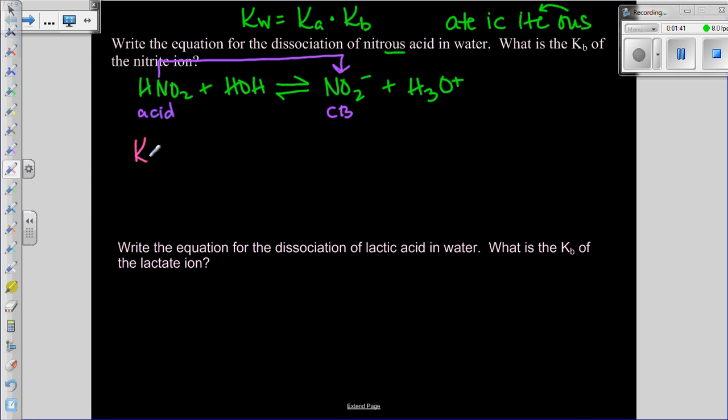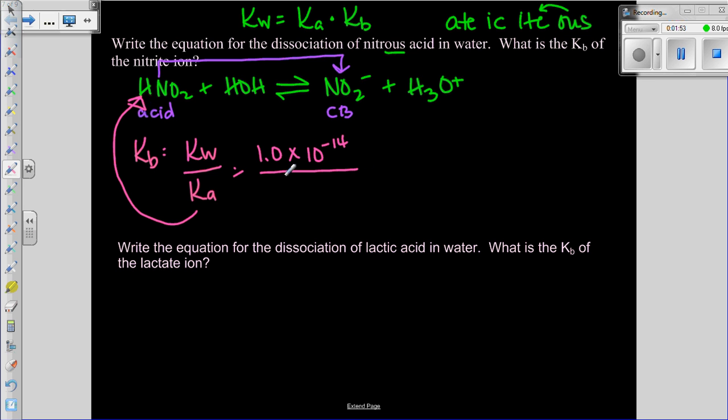I want to find Kb, so I'm going to do Kw divided by Ka, and the Ka is going to be for nitrous acid. So Kw is 1 times 10 to the negative 14th. The Ka for nitrous acid, I have to look up, and it is 4.0 times 10 to the negative 4th.